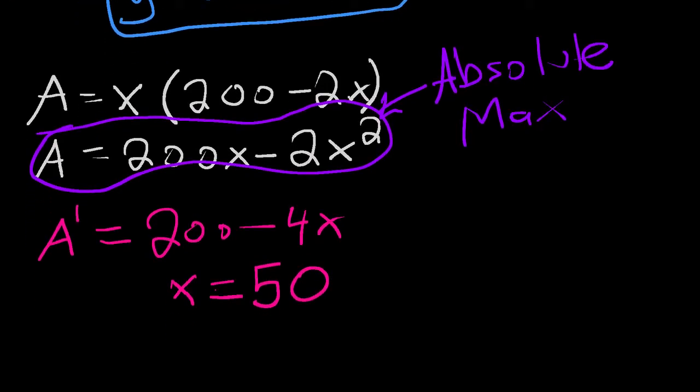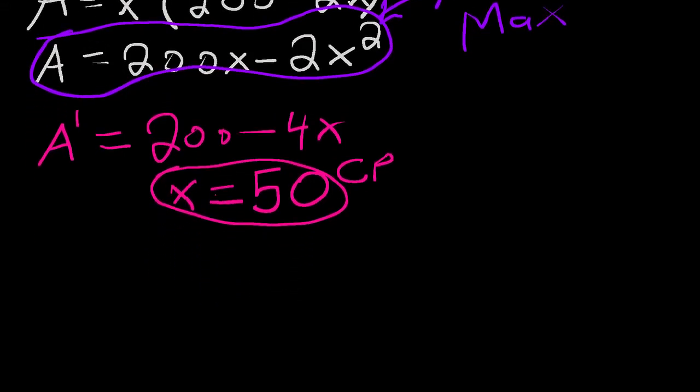And so this is your critical point. Since you're looking for the absolute maximum, remember what you do is you plug in the critical points, which is 50, into the original function, and you plug in the endpoints.